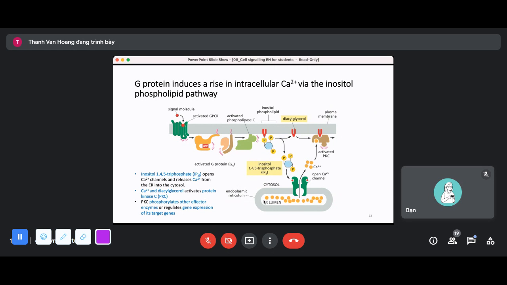And how can the cells store calcium ions in the ER? They can store the calcium in the endoplasmic reticulum.